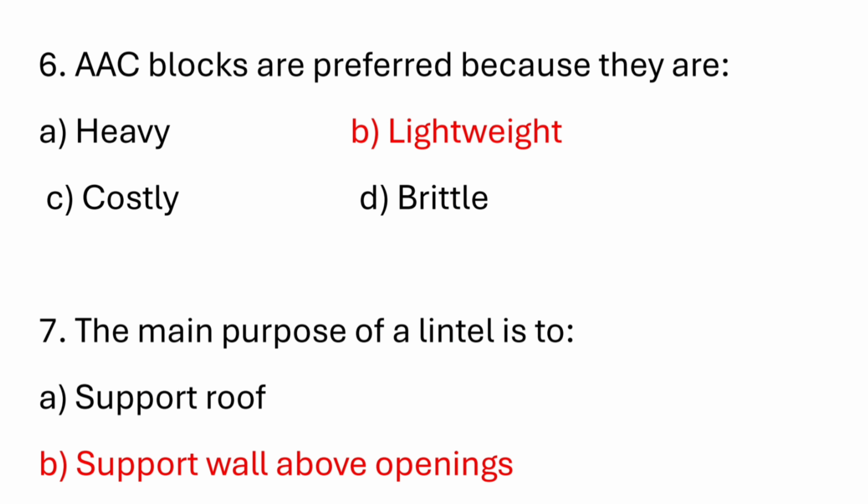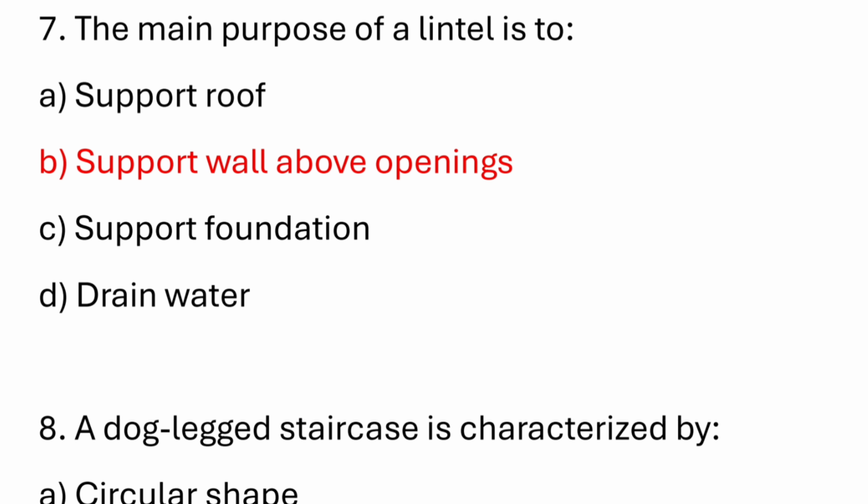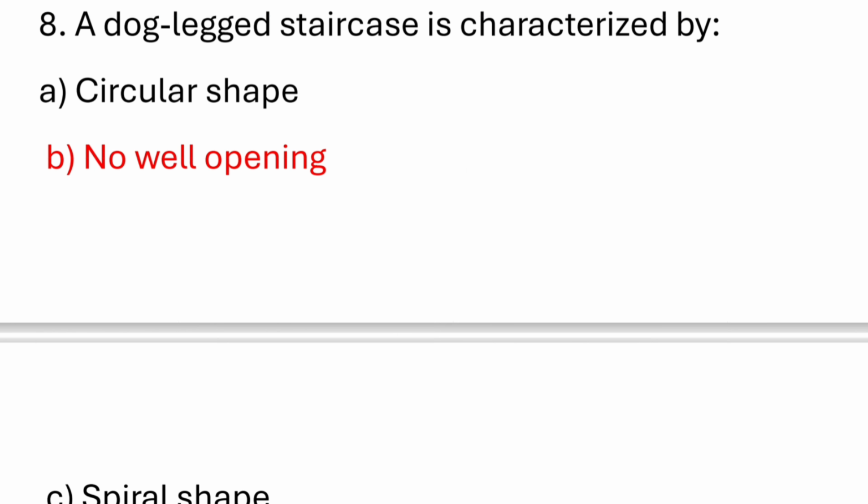AAC blocks are preferred because they are option C, light in weight. The main purpose of lintels is option B, to support the wall above openings. A dog-legged staircase is characterized by option B, no well opening.